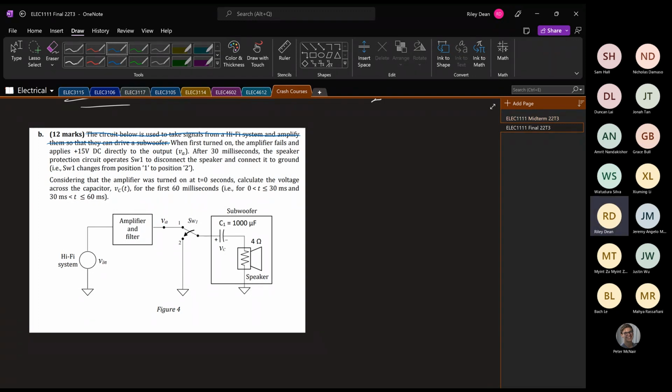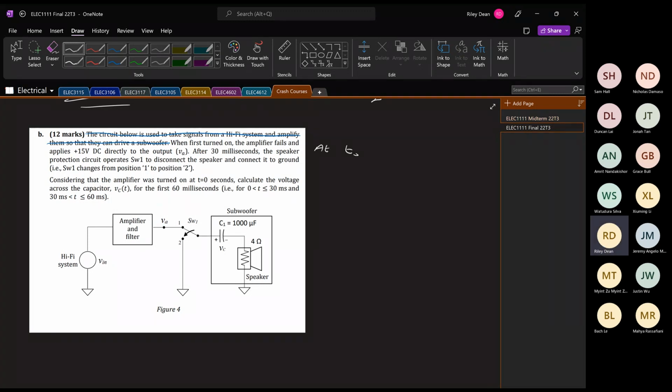When we're breaking this down, next we look at the second sentence: when first turned on, the amplifier fails and applies 15 volts directly to the output. So at T0, we say that VA equals 15 volts. That's all we need from that second sentence.